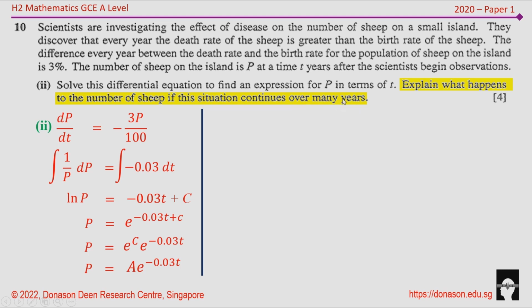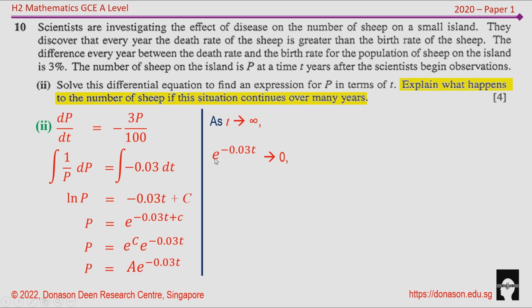So when we say many years, we are referring to the time frame when the time tends to infinity, when the time becomes very big. So as t tends to infinity, your e to the power of negative 0.03t, what would it tend to? Of course, it's going to become very small.